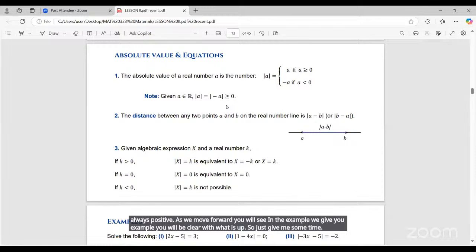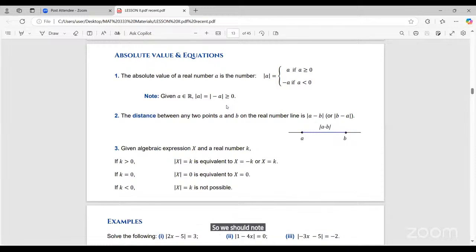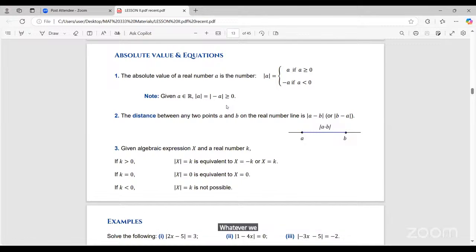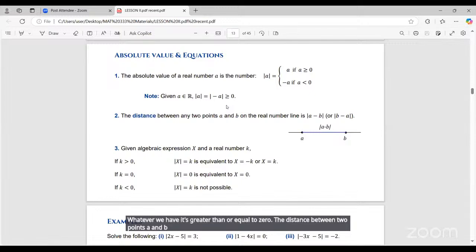So we should note that given A in R, the absolute value of A is equal to minus A, equal to the absolute value of minus A, whenever we have it greater than or equal to 0. The distance between any 2 points A and B on the real line is given by the absolute value of A minus B, or B minus A, as the case may be.